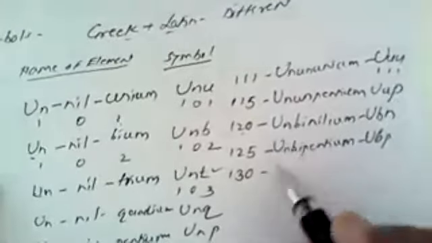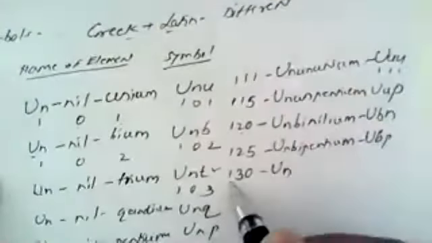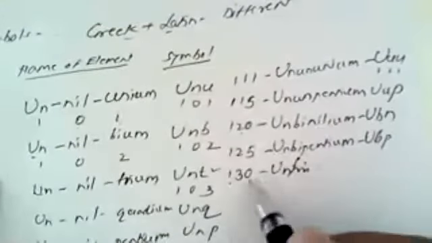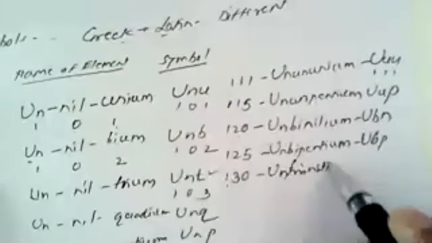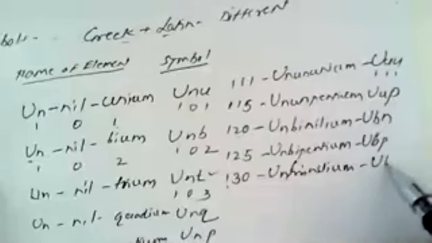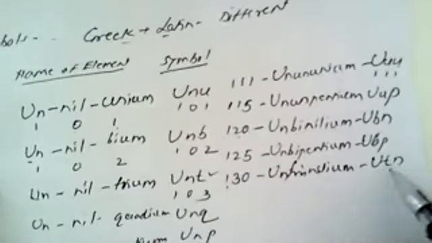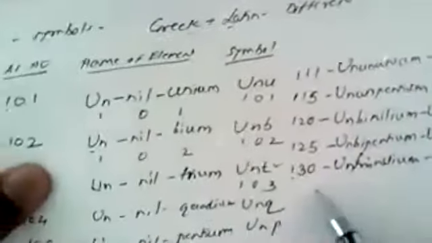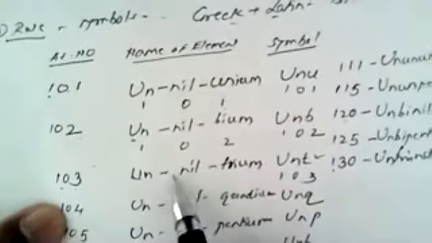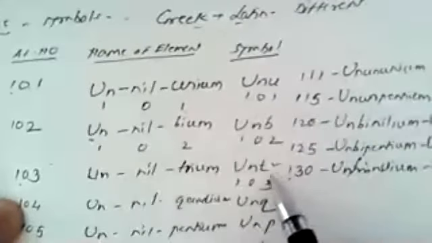Here we can write the name as un for digit 1. For 3, it is tri, and for 0, it is nil. Nil becomes nilium. So untrinilium, UTN. Again, see here, for atomic number 103, it is unniltrium, UNT.